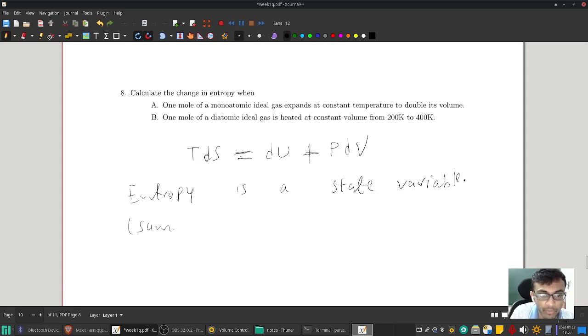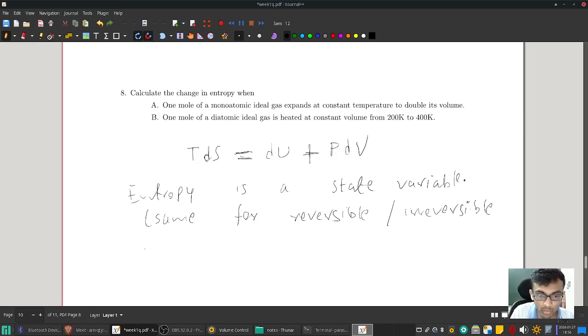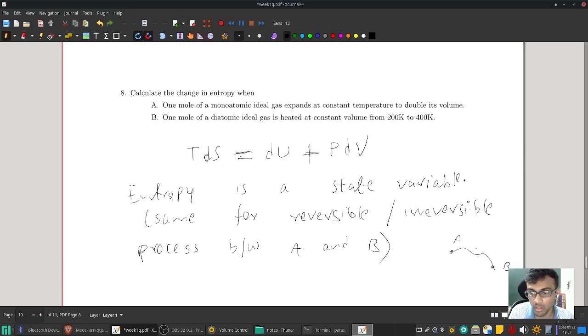So let me say, between the same set of states, let's say some A and B. If A and B are two states, then whatever path you take, it could be reversible or irreversible, like I said, the change in entropy would be the same.